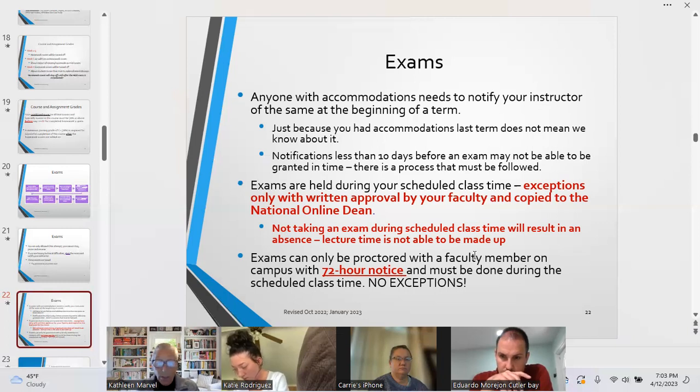There is no switching exams unless it's a true emergency. Okay, so exams are held during our scheduled class time. Exceptions only with written approval submitted to me. So last term I had a student that went into preterm labor. Of course, she had the doctor's note, sent it to me, and we worked with her exams.